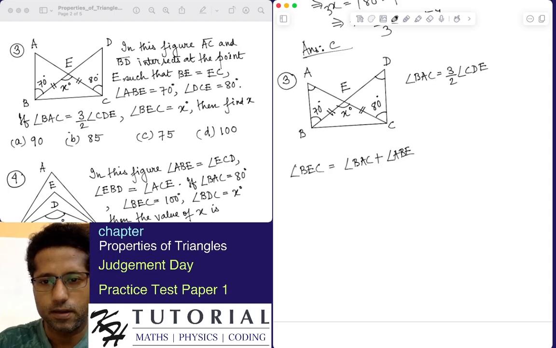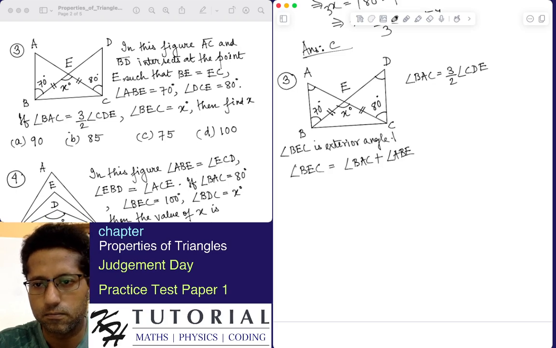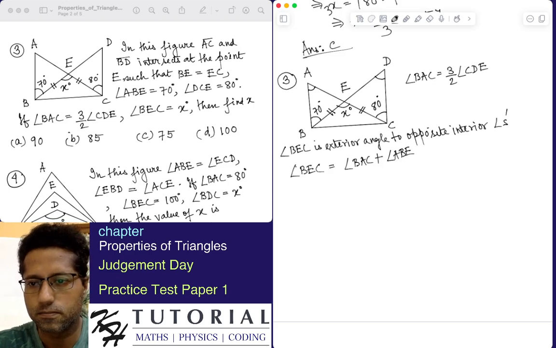We have angle BEC is an exterior angle to the opposite interior angles BAC and angle ABE.